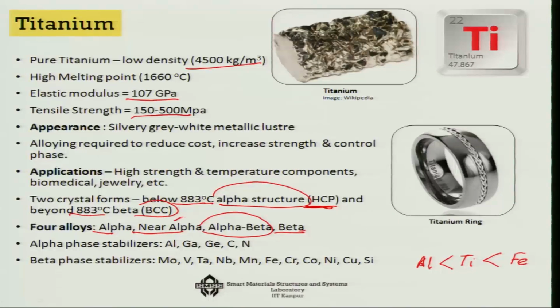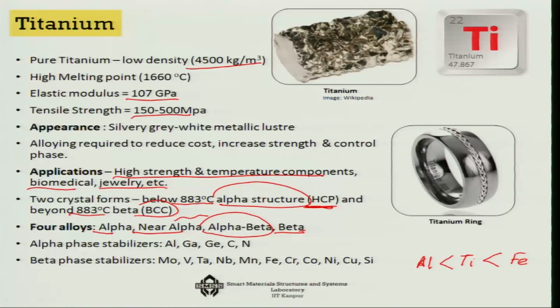These two are based on the presence of some amount of beta configuration in it. Because of this excellent light weight, high temperature capability and good strength, it has applications in high strength and temperature components, biomedical applications, and also in jewelry, because it has a good luster, as I told you. In fact, there are many aircraft applications where this is used.